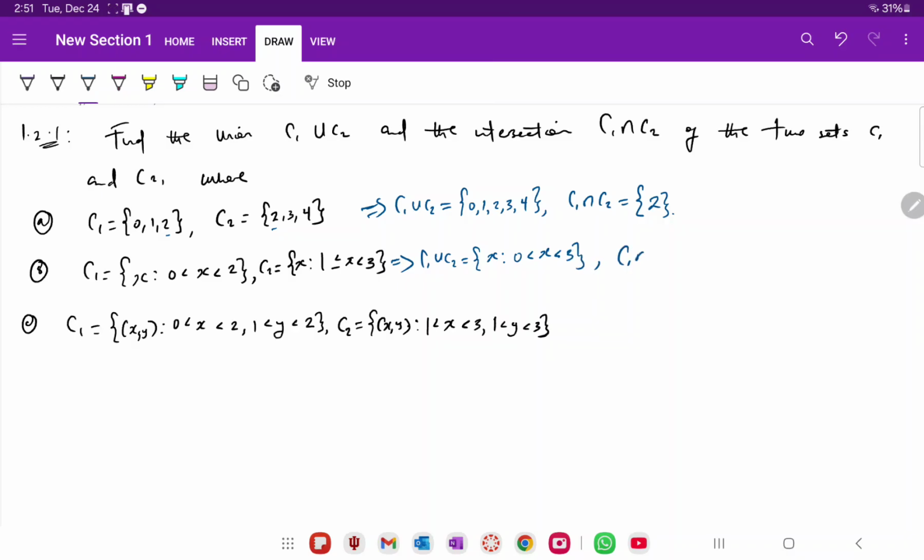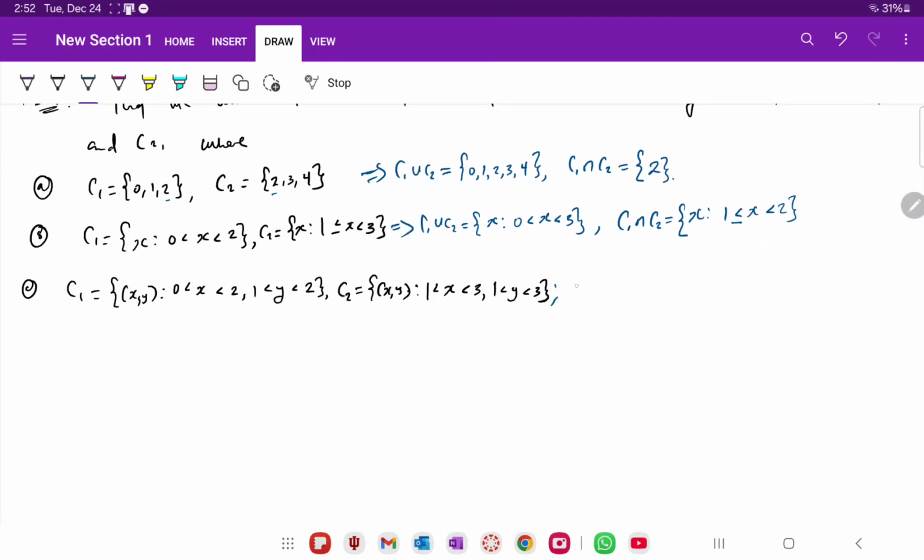And the intersection of those, this is 0 to 2, and this is from 1, so the intersection should be x such that 1 ≤ x < 2.